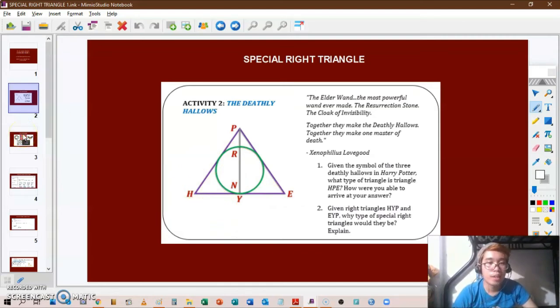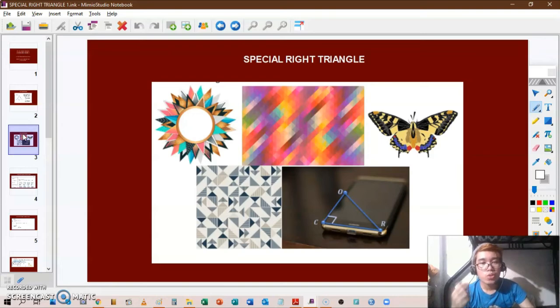That's the preliminary activity, and as we have seen, that's an application of popular culture. In popular culture, we can see a lot of applications of geometric objects, especially right triangles. We can also use special right triangles in real life, mostly in art and design.